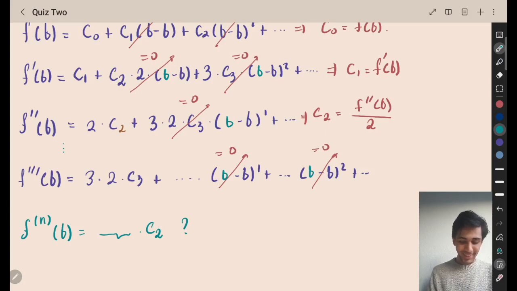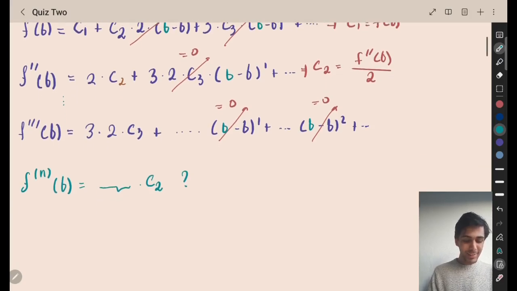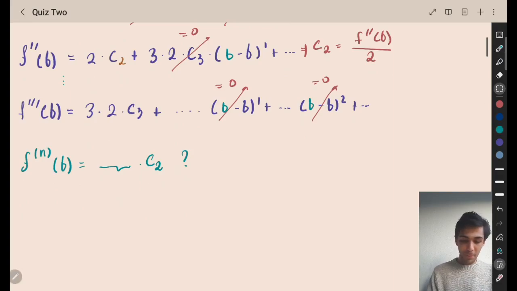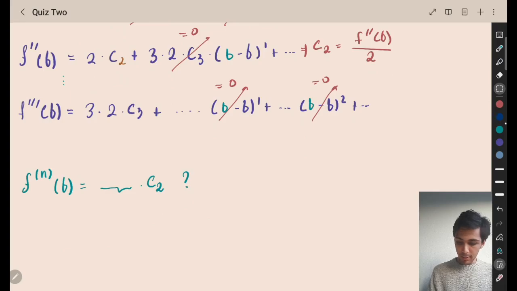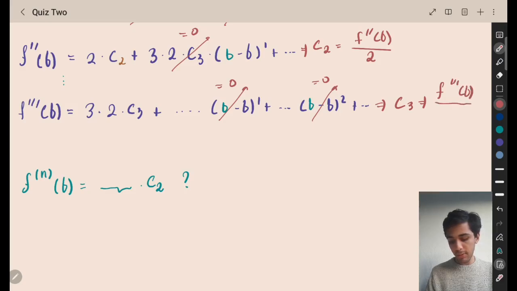So here I'm at f triple prime of b, and it seems to give me the following. If I solve for C3, I'll get f triple prime of b, so the third derivative, divided by 3 times 2. What's going on here?